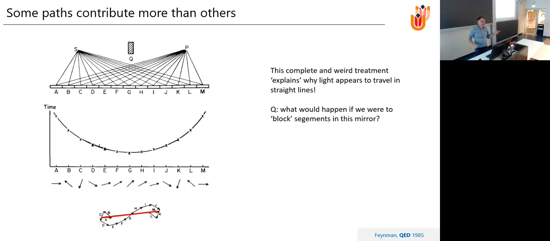One interesting thing to think about is what would happen if, let's say, you would block every second segment in this mirror. What do you think would happen?